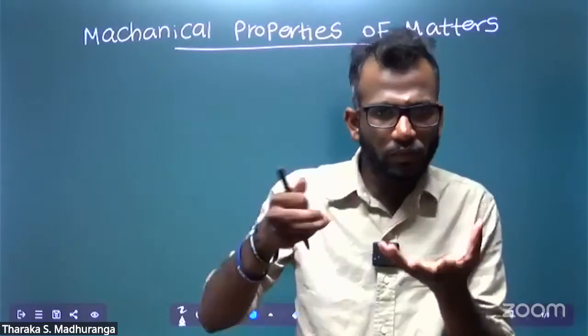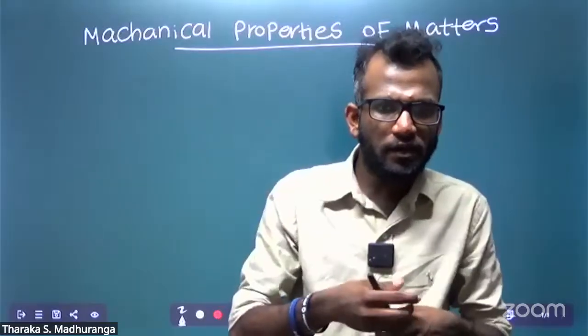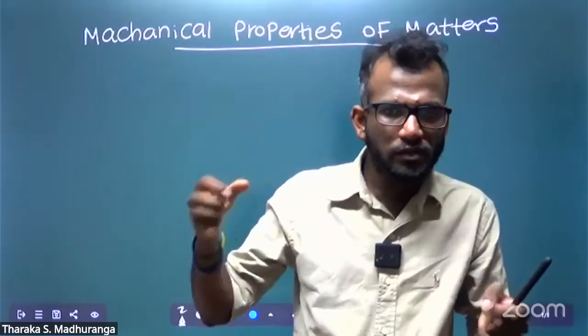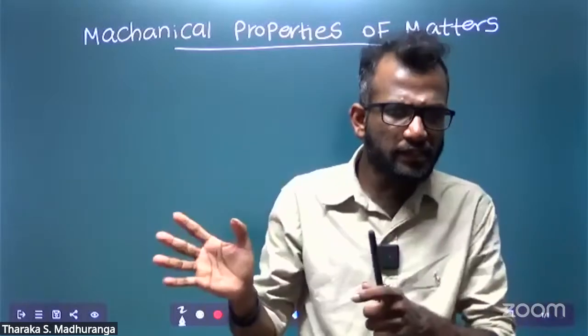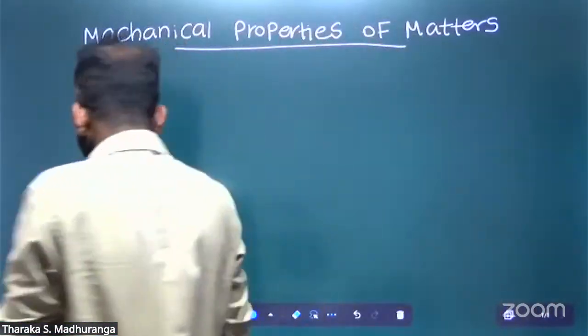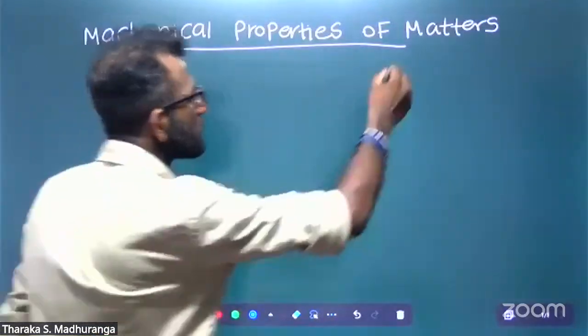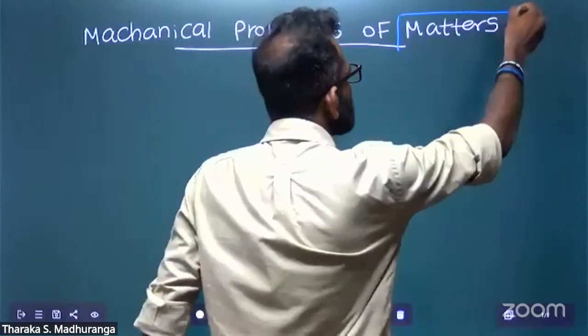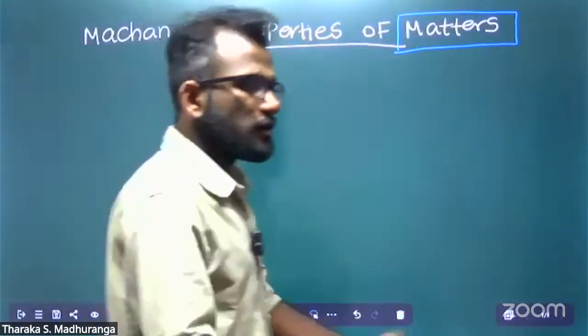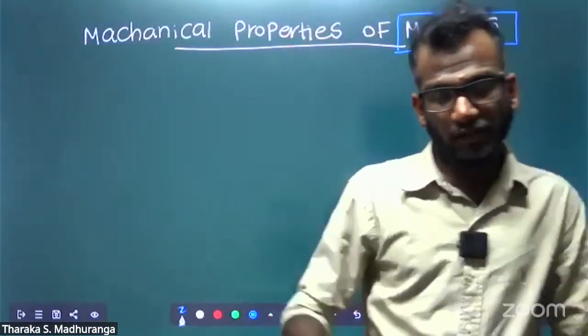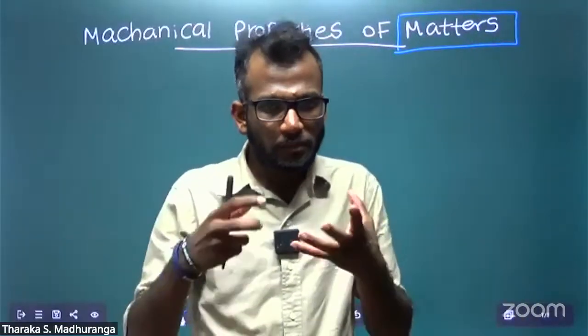Now we need to simplify this topic. The topic has two different things: mechanical properties, and matters. Before we discuss mechanical properties, you first need to understand what matters are. As you know, yesterday we discussed fluid mechanics.